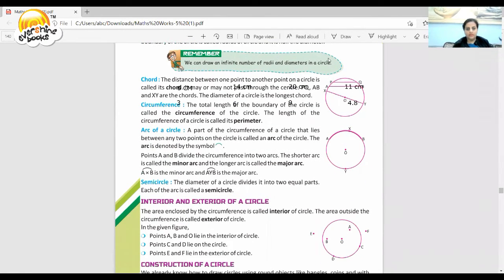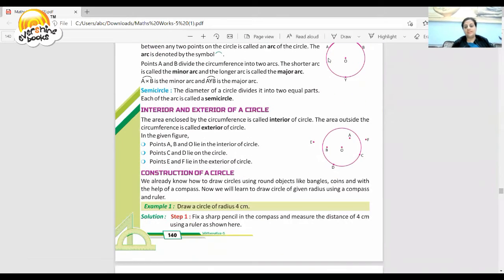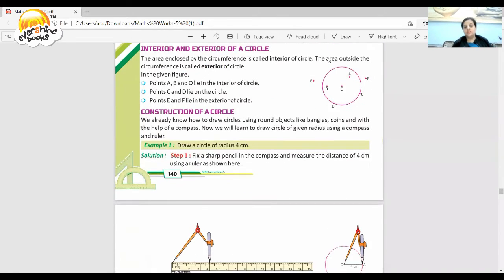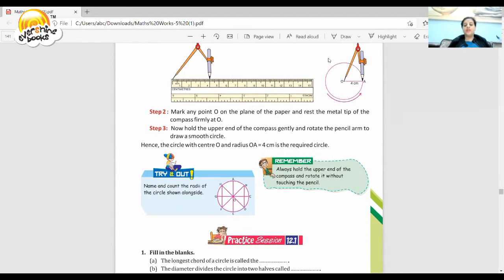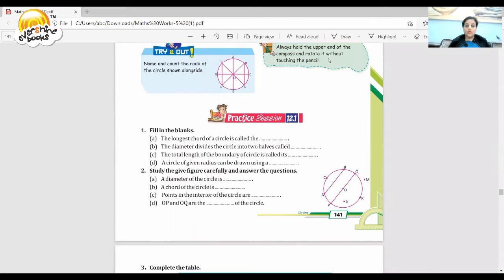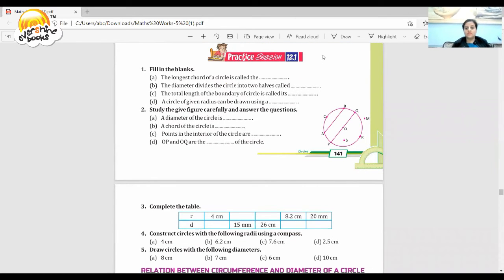We are going to read about the arc of a circle, semicircle, interior, exterior, and construction of a circle. How to construct the circle? You have to make it with a scale and compass. When you make it with 4 centimeter radius, it is going to be 8 centimeter diameter. Okay. So what is the longest chord of a circle?